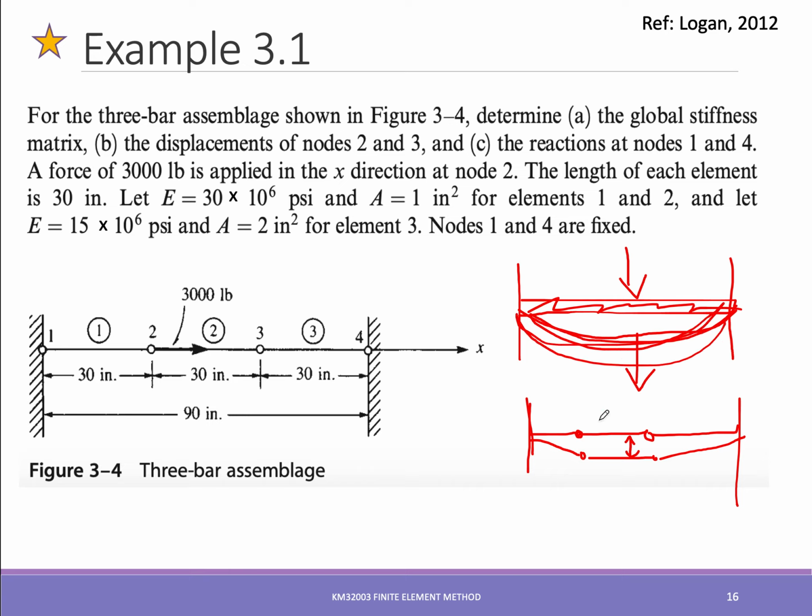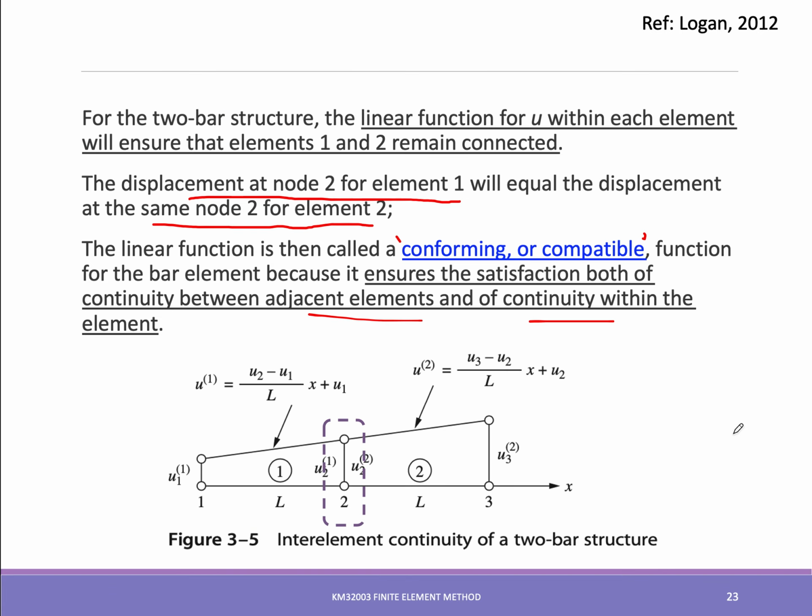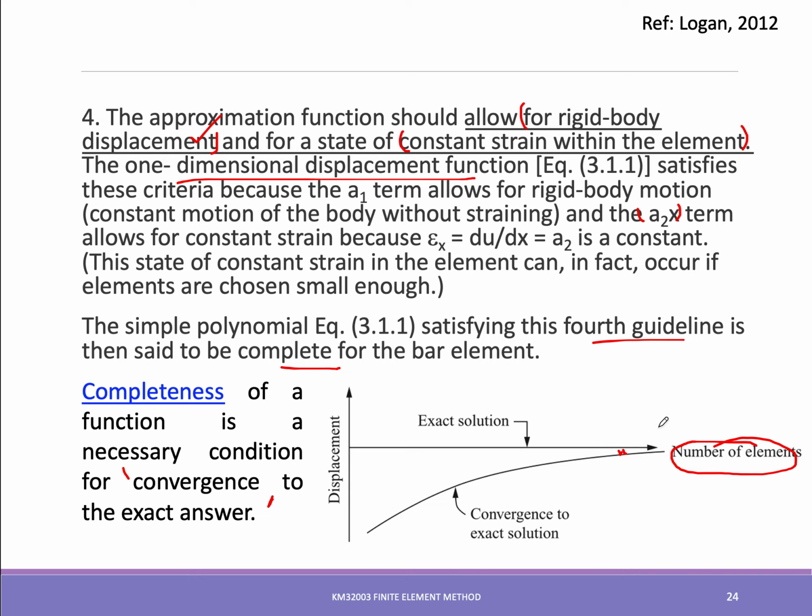So in order to get the exact or close to the exact value, you have to break it into more elements, so that they can form the proper solution at the end. This is what is being described by this particular curve. So the convergence to the exact value would be closest when the number of elements increases, right?